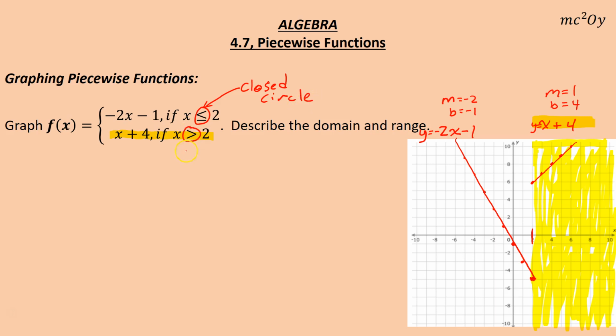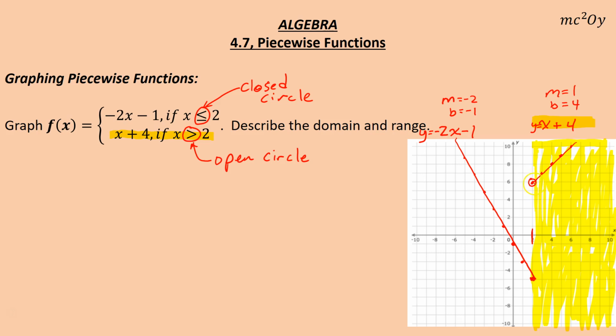Whereas this value, if I put 2 in here, 2 is not greater than 2. So those values do not work. So this is an open circle on a graph. So 2 would not be a solution. So for the highlighted part where it hits the x is 2 line, right here, this has to be an open circle.